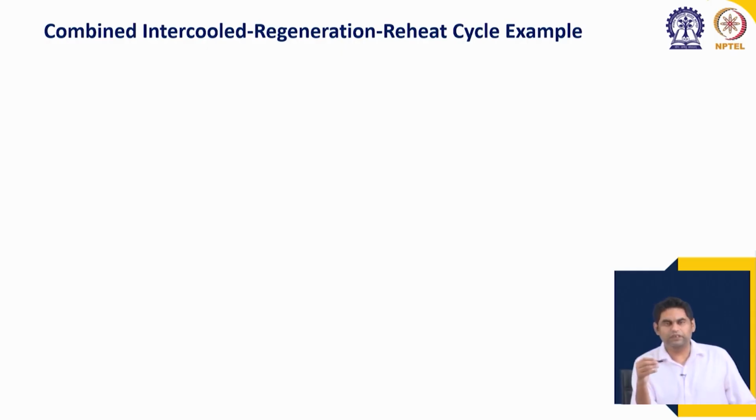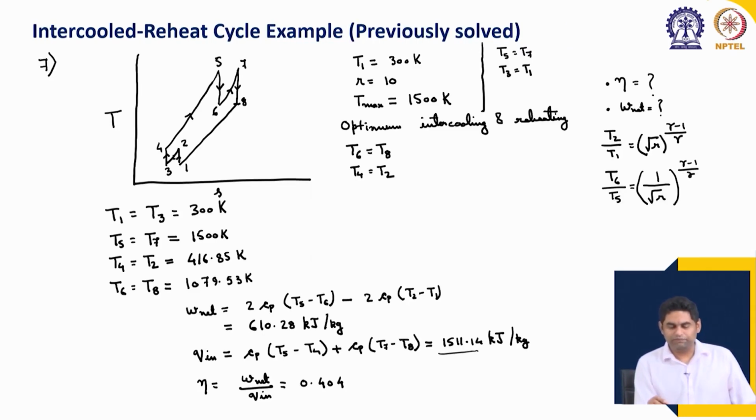So, same problem setting, same design parameters, ambient temperature of 300 Kelvin, overall pressure ratio of 10, and the maximum temperature or turbine inlet temperature is 1500. Same problem we had done with same conditions in the previous classes also. So, for example, I have shown here the previously solved problem, which we have done in the previous class for the combined intercooled reheat cycle.